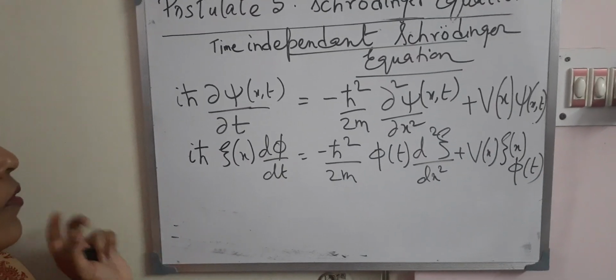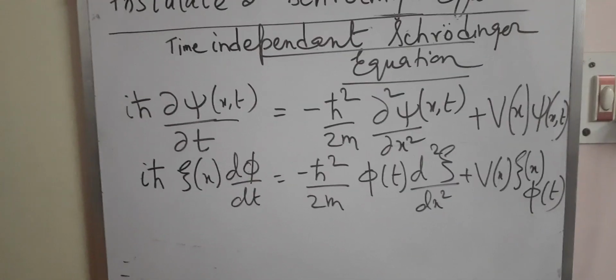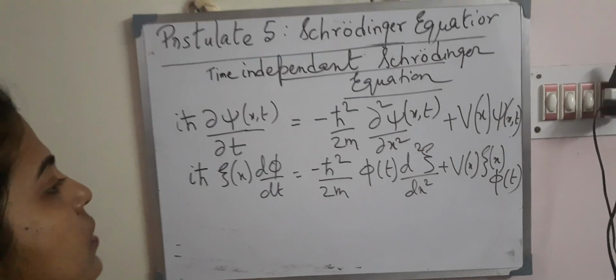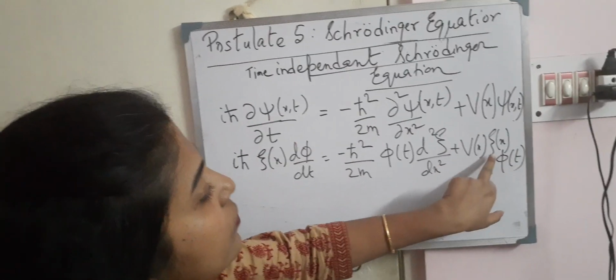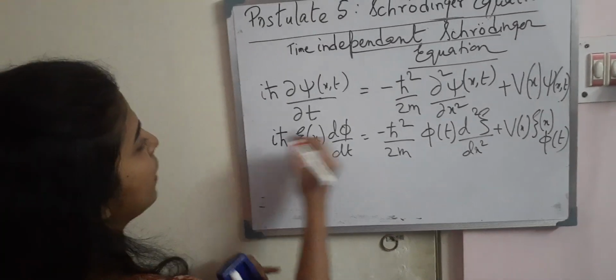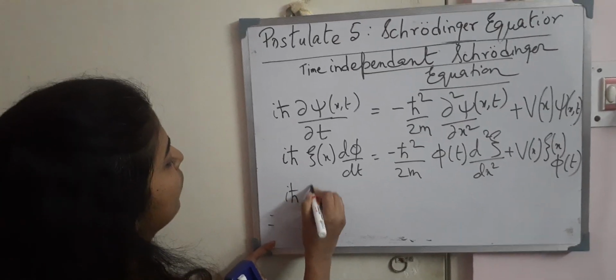Now we can easily separate the time part and the space part. I think you can also realize from this equation which I have written, that if you divide this whole equation by the product of this psi and this phi function, then the time part and the space part will be separated. So let's do it and see what result we get.